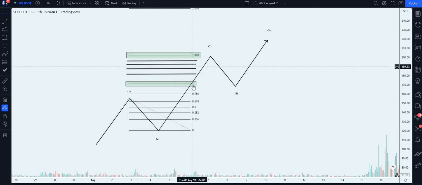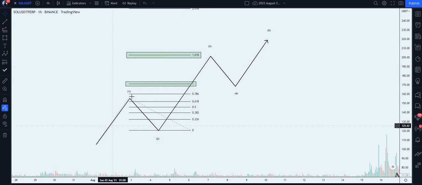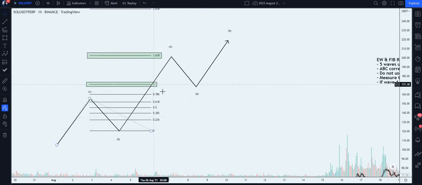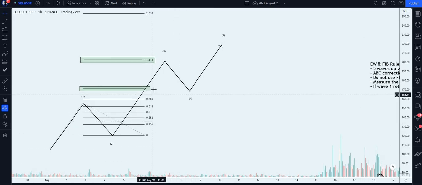However, my next major target, if we're breaking the 1-to-1 extension, would be the 1.618. Now, on this first wave extension tool to get the length of our third wave, it is very likely that we will at least get a 1-to-1 extension, and you'll see that when we move to the price chart in a sec. Oftentimes you'll see it hit the 1.618.